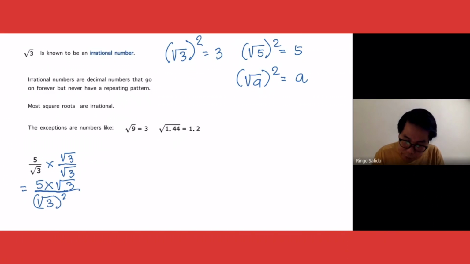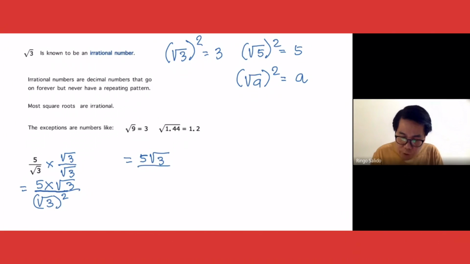So equals, multiply the numerator, 5 times root of 3 will give us 5 root of 3 over, now, root of 3 squared is equal to 3.